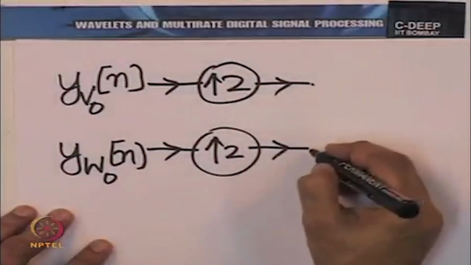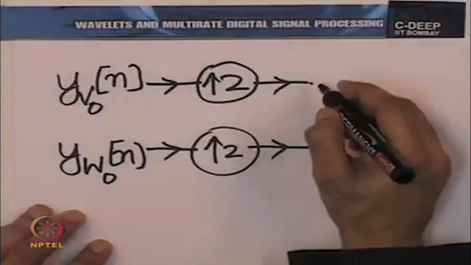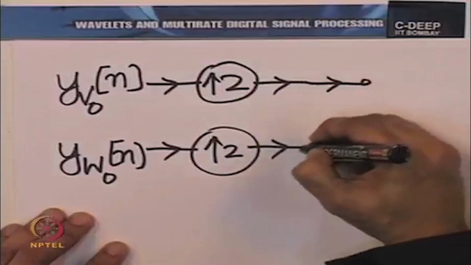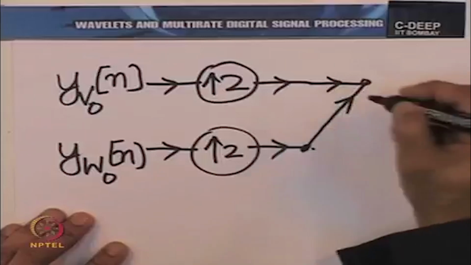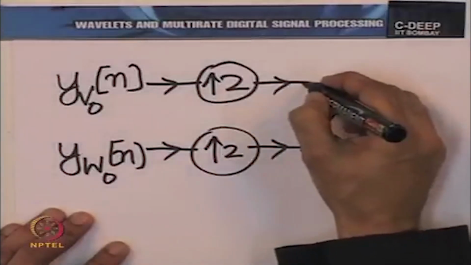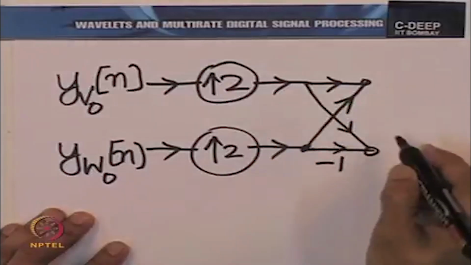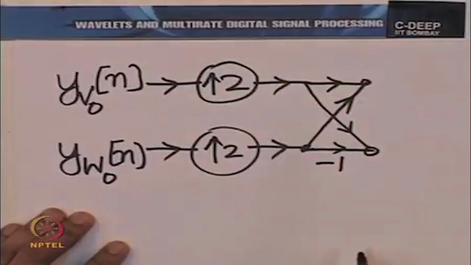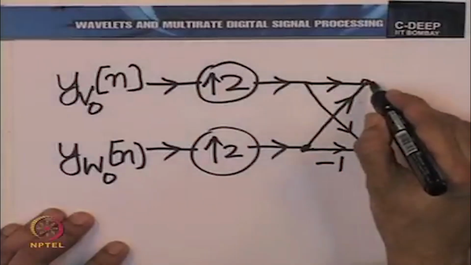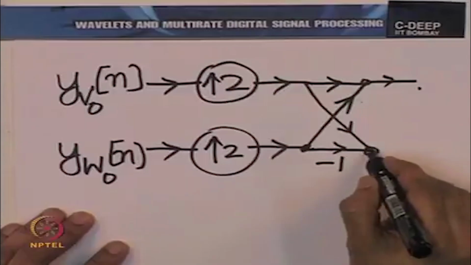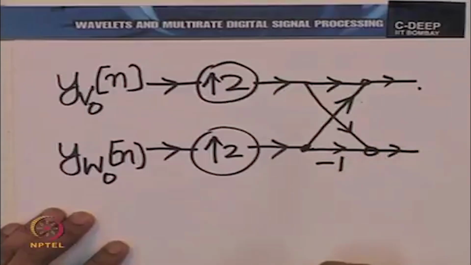So, now I get the outputs of upsampling. Now, I add and subtract. So, I have the sum of these outputs on one branch, this plus this, and this minus this on another. This is the sum branch, this is the difference branch. And what I am saying is, I pass the sum branch at one instance and I pass the difference branch on the next instance. And remember, this is operating at twice the rate.